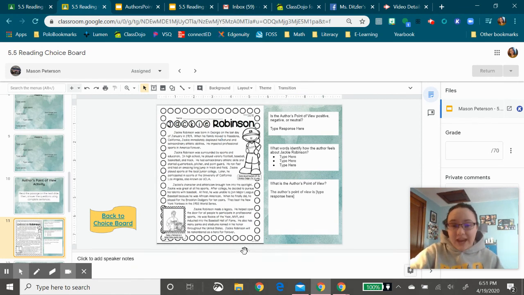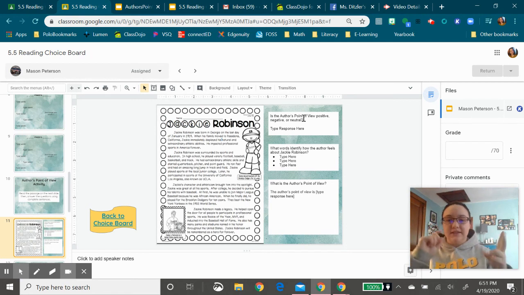You're reading about Jackie Robinson, so you'll read this story, and then you'll decide, is the author's point of view positive, negative, or neutral? Then you are going to identify those words like we just did on how the author feels about Jackie Robinson, and you will give me 3 words. Then after that, you are going to tell me what the author's point of view is. The author's point of view is blank, and then back it up with evidence. Always back up your responses with evidence.